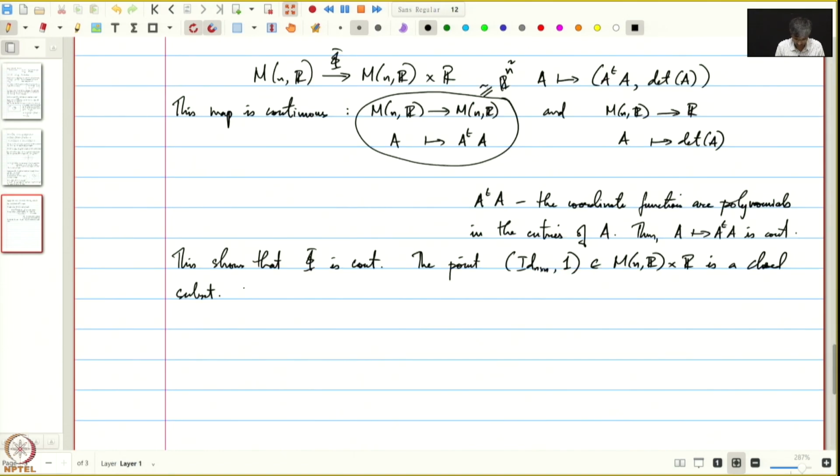In fact, in any R^m, a point (a1, a2, up to am), just the single set, is a closed subspace.